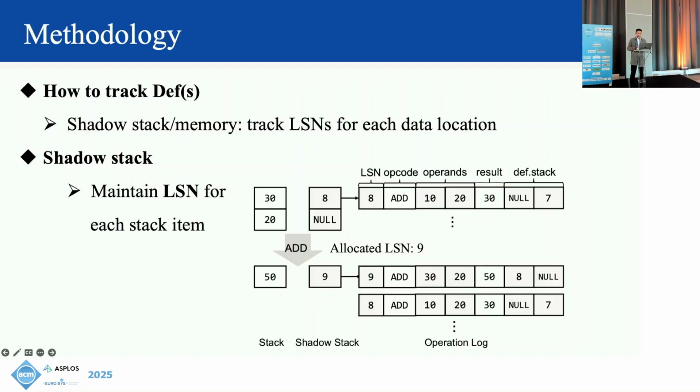When the add instruction is executed, it pops 2 operands from the top of the stack. The definitions of these operands are the log sequence numbers stored in the previous top 2 entries of the shadow stack. In this way, we can accurately track which earlier instructions produced each input and record them as definition fields in the SSA operation logs.